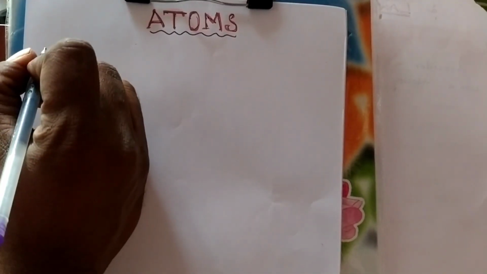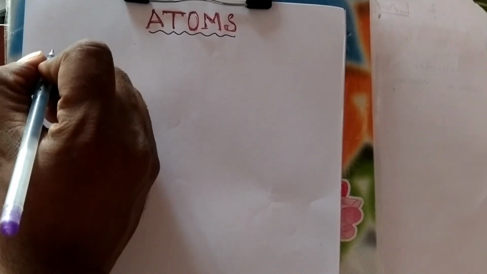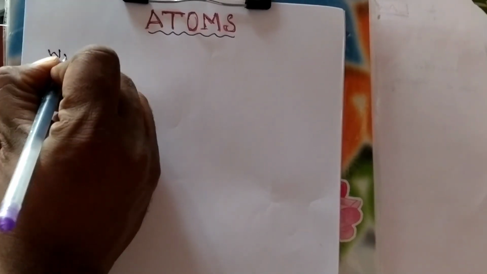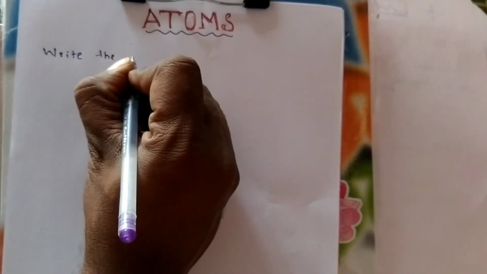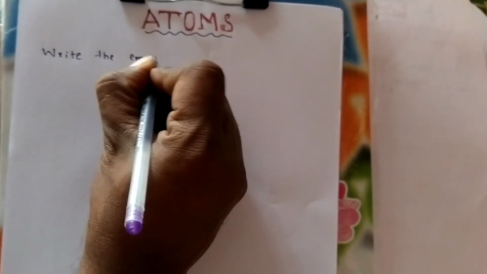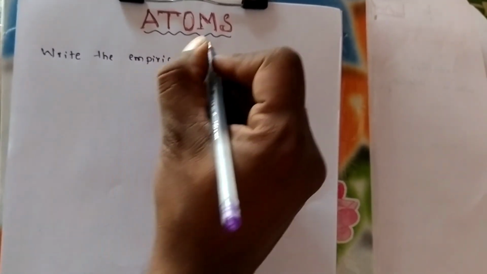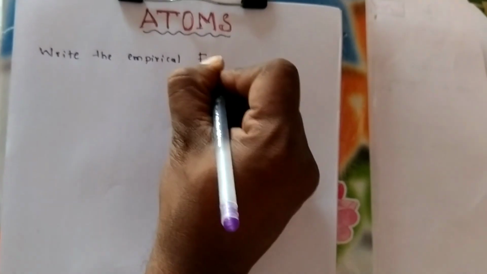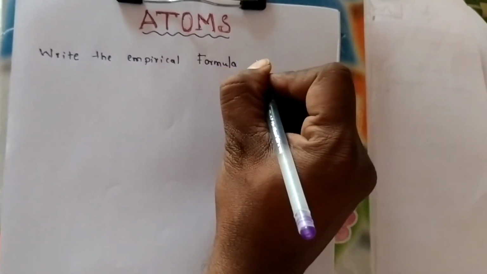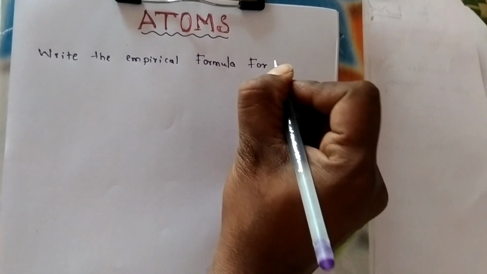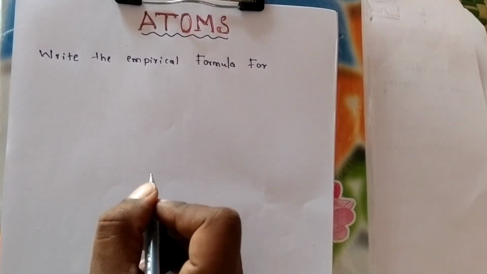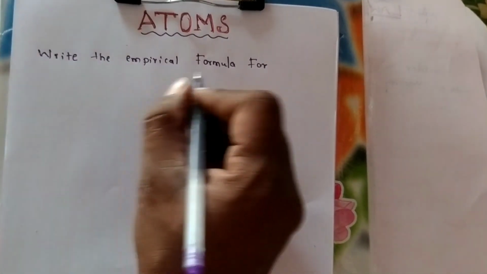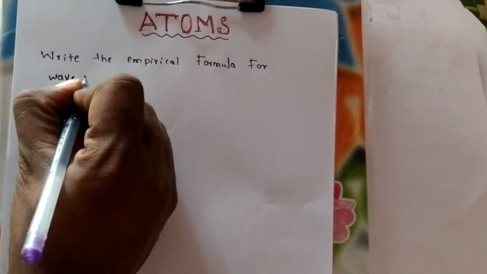Write the empirical formula. I am going to write the question here. Write the empirical formula for the wave number of the following five spectral series.